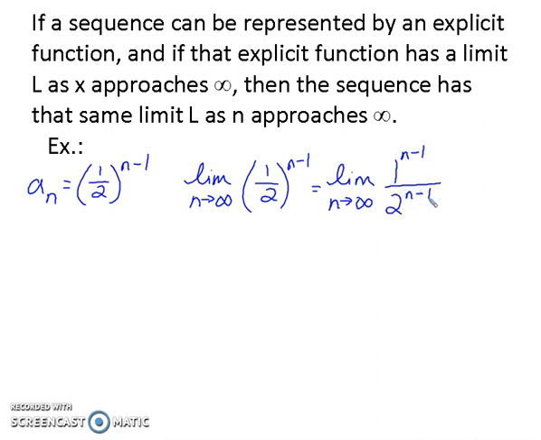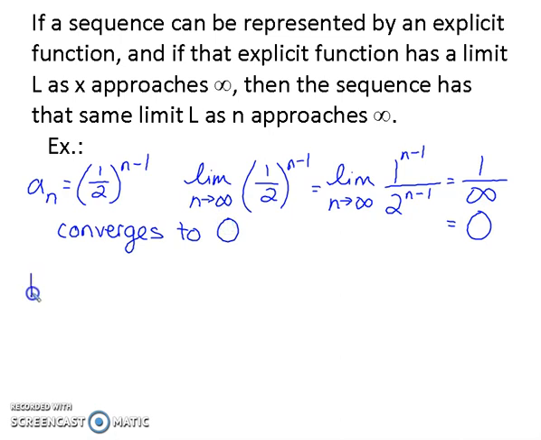It doesn't really matter what the top is, it's going to be a 1. The bottom is going to be 2 to the infinity minus 1, or infinity, which is 0. So, therefore, a sub n converges to 0.